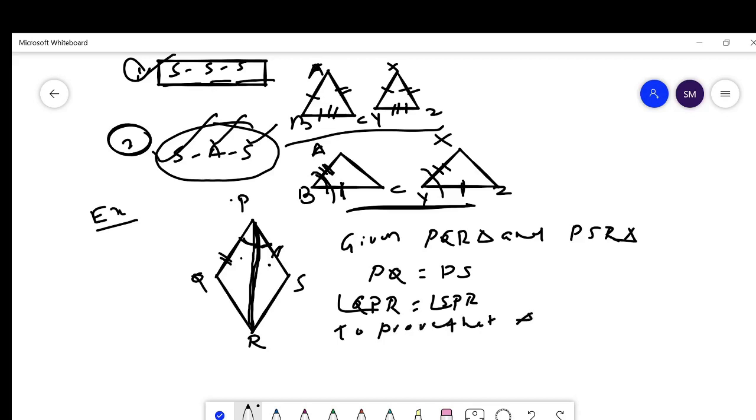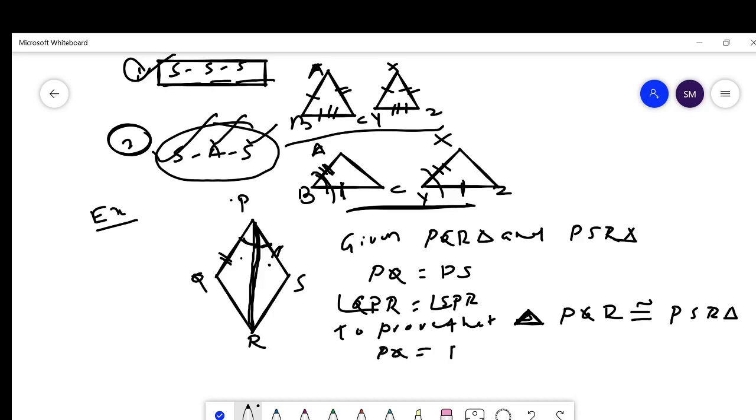Then we have to prove that triangle PQR is congruent with triangle PSR.